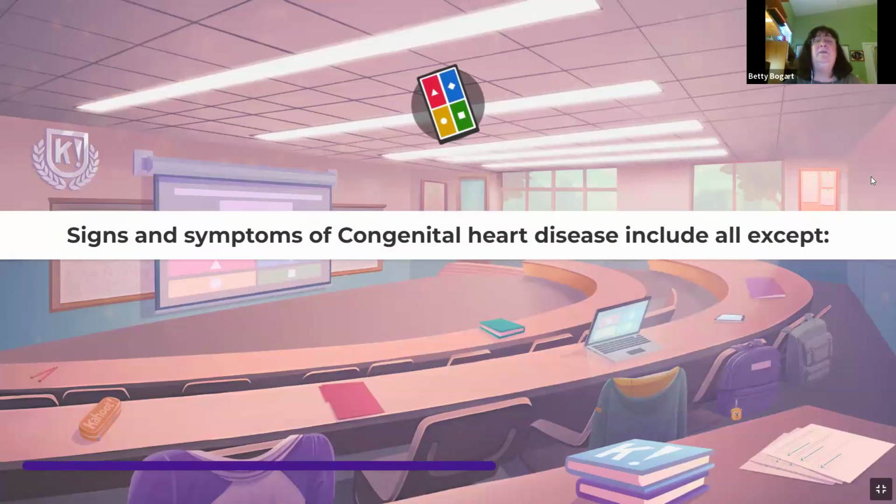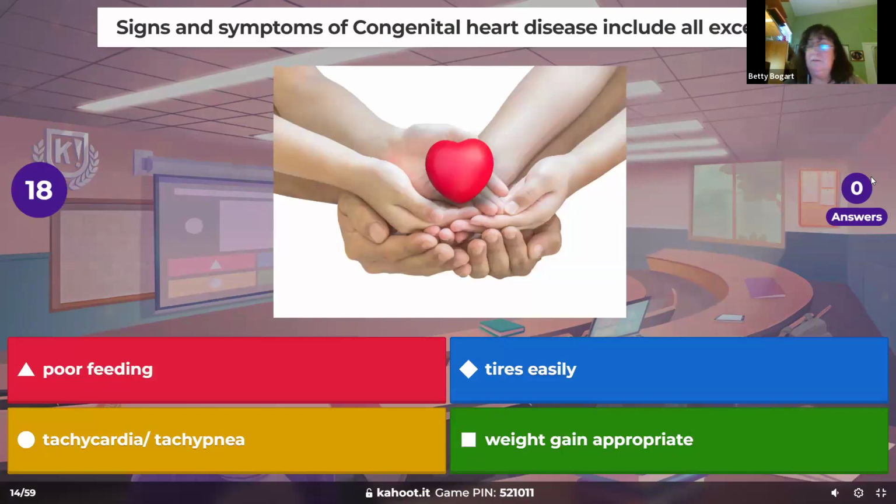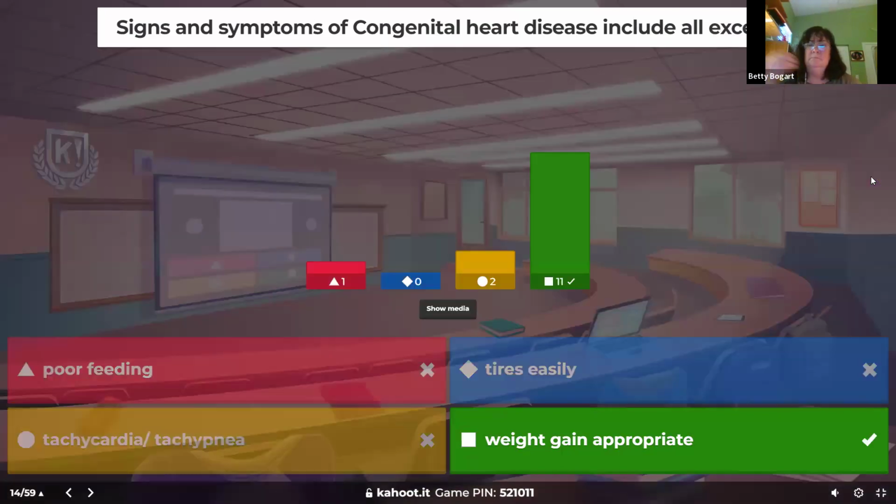Signs and symptoms of congenital heart disease include all except: so remember, congenital heart disease, they usually need extra calories in their food.